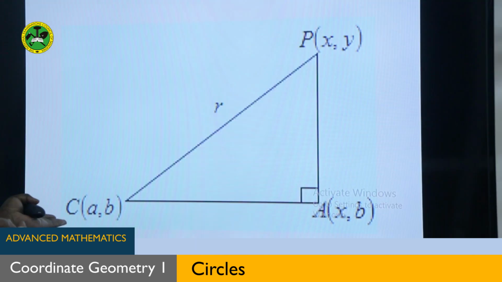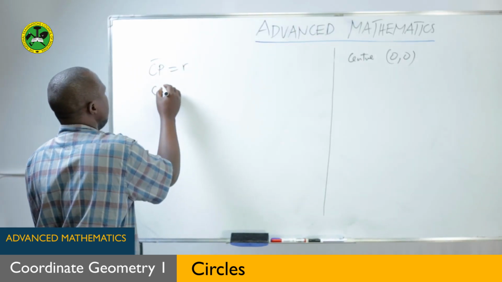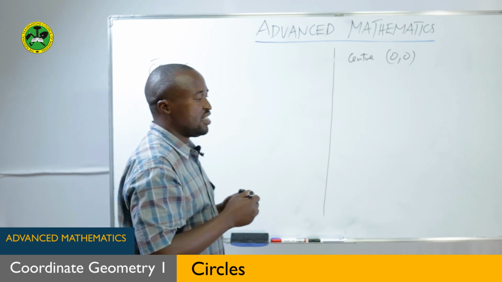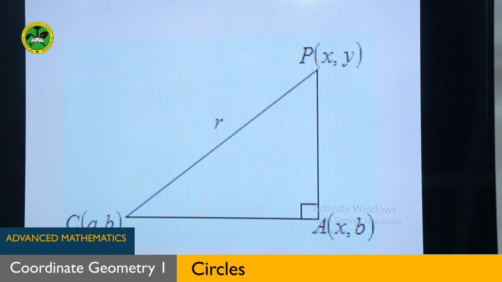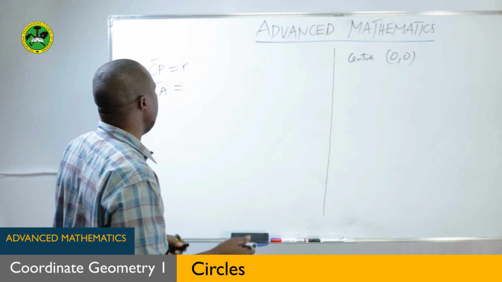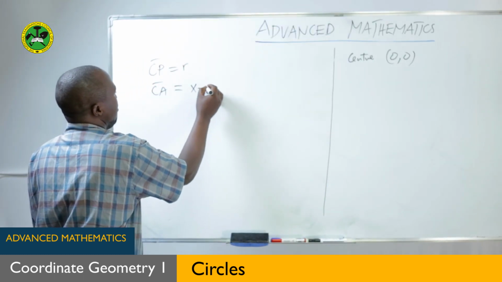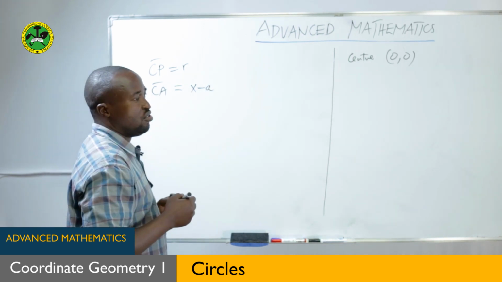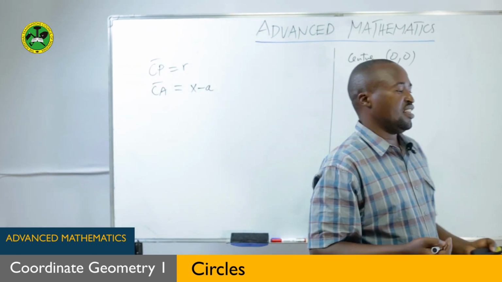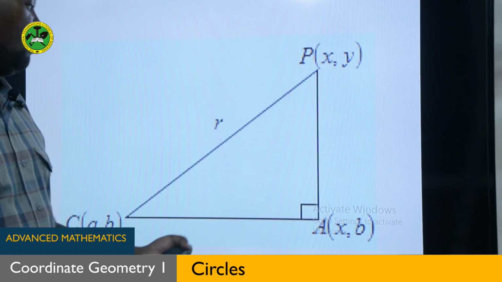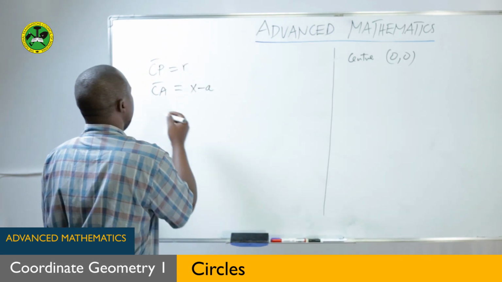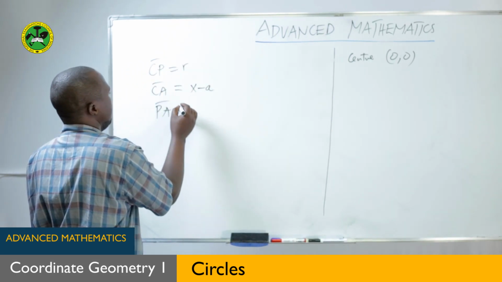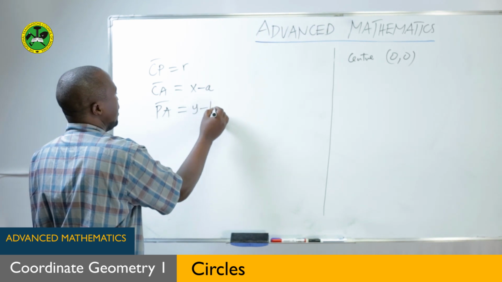The distance CA is the difference between xc and a, that is x minus a. And the length PA will be y minus b.